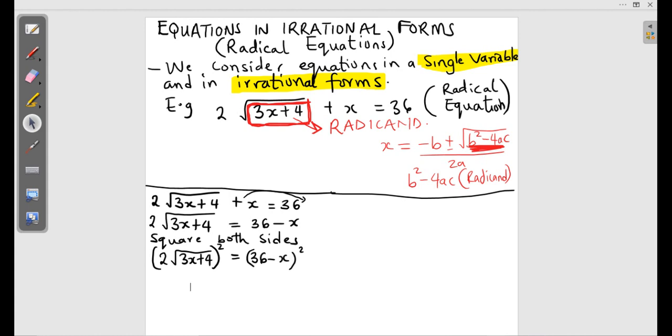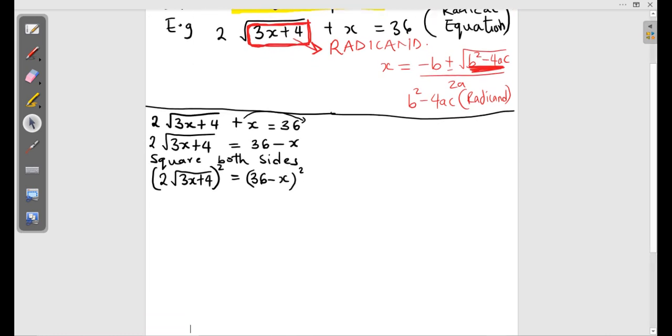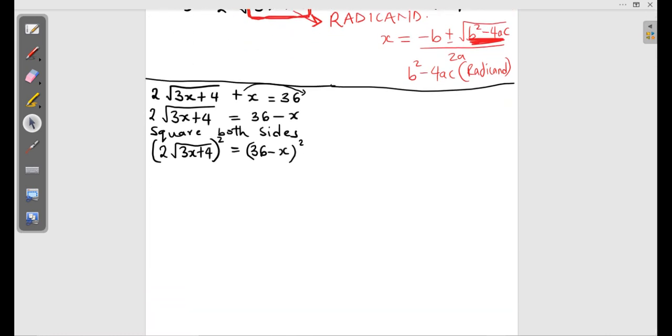You need to be careful if you're using this approach. Don't say square cancels square root, because there's still a 2 here. Just like when you have 2x all squared, you can't say the answer is 2x squared. You would rather say it is 4x squared.